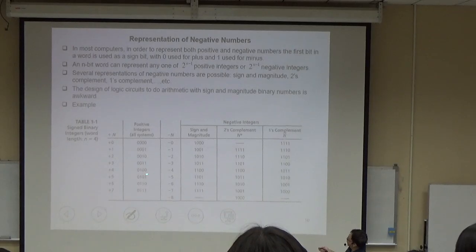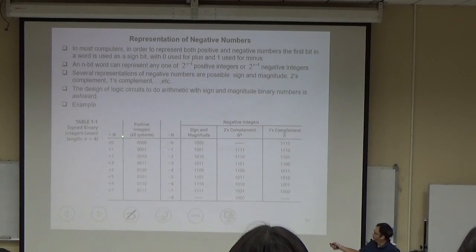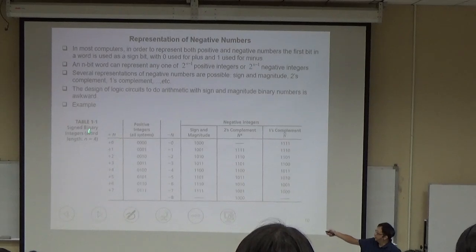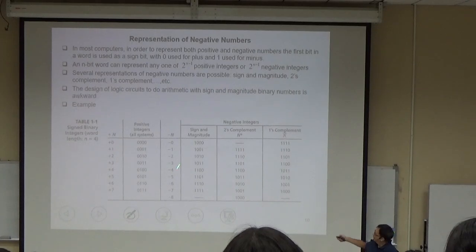So we'll see this one. This is the base 10 decimal number, from 0 to positive 7, and then 0, -0, -1, up to -8.